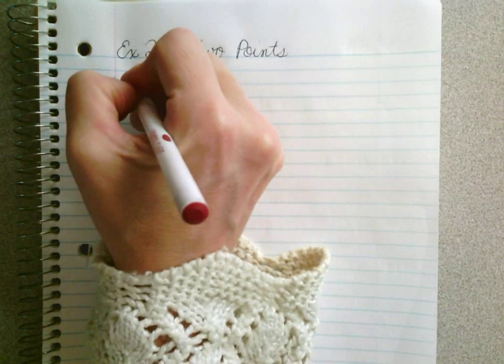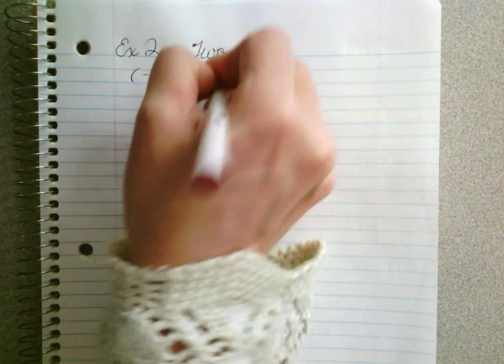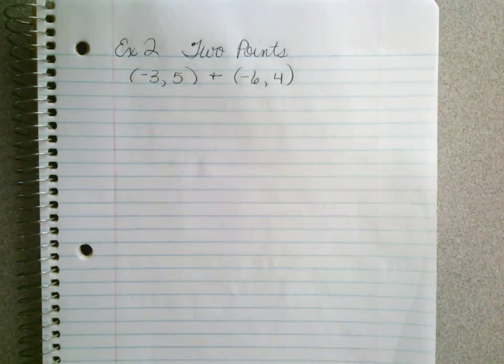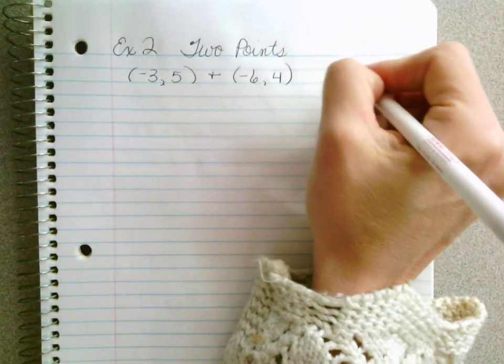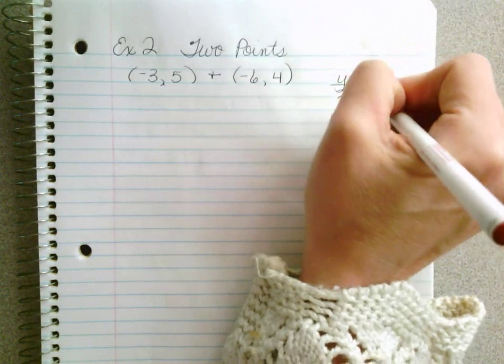If you are given these 2 points, and per the directions in example 2, it says, find an equation in standard form of a line containing these 2 points. In the previous example, you were already given slope. In this example, you're just going to get it for yourself. You're going to get it by finding the difference in y's over the difference in x's.